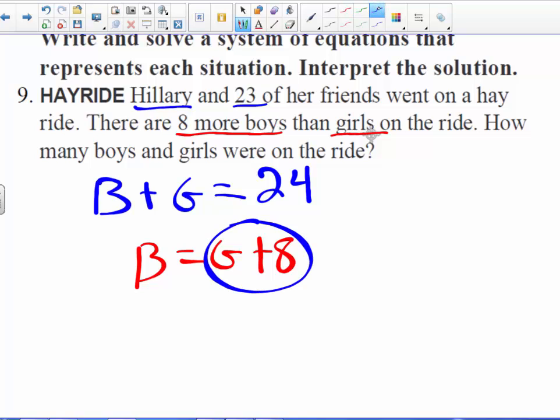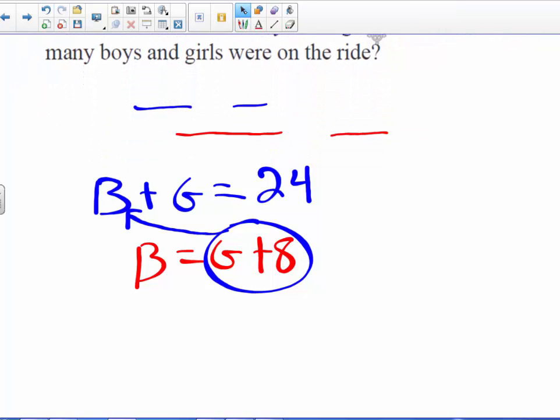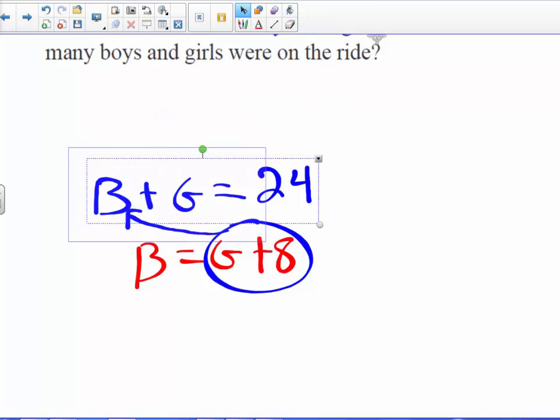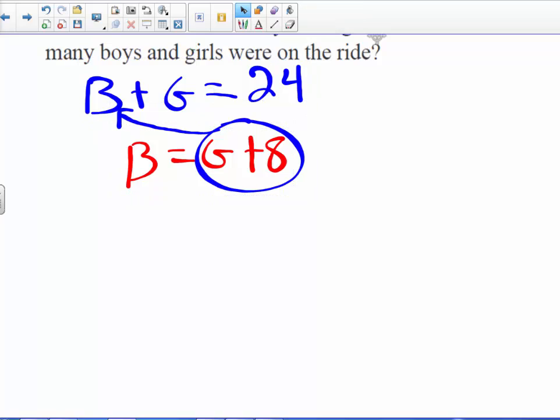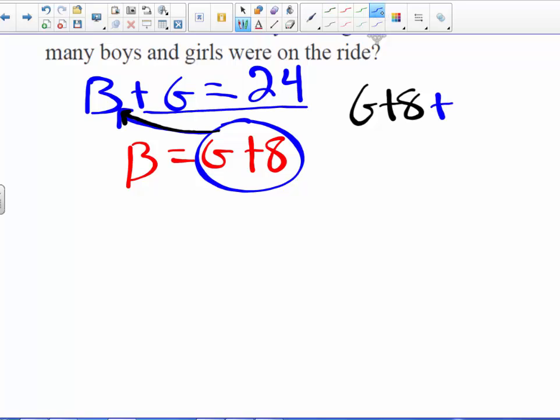Take the value for b and plug it in for that b, and solve. So instead of b, we have g plus 8, and the rest of the equation, plus g equals 24.